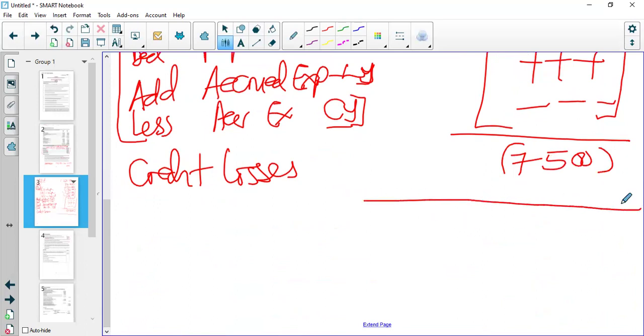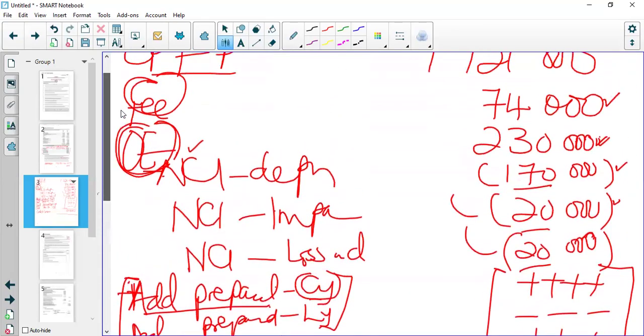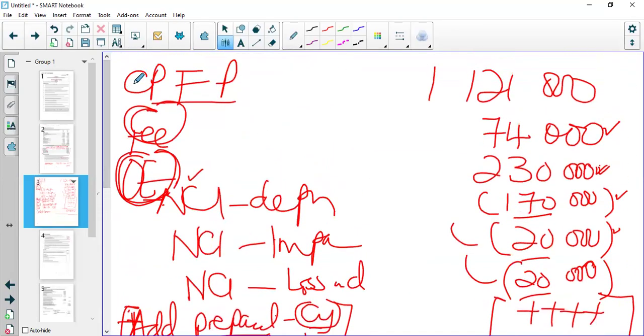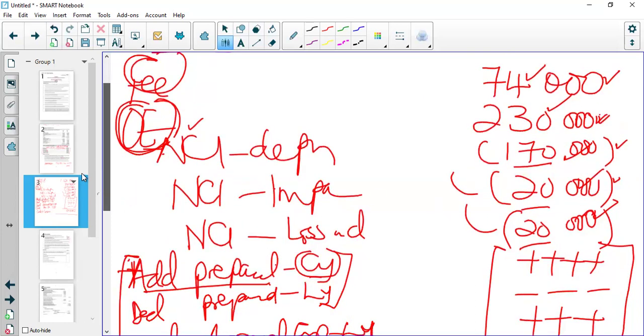So if we do a calculation, do you see the logic? I prefer the logic way of calculation. So 1121 plus 74 plus 230 less 170 depreciation less 20 impairment and loss on sale.